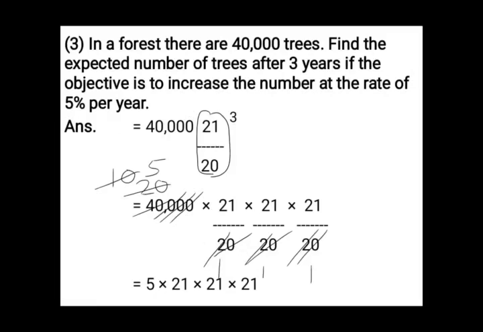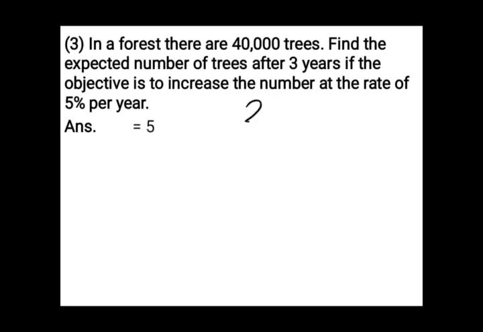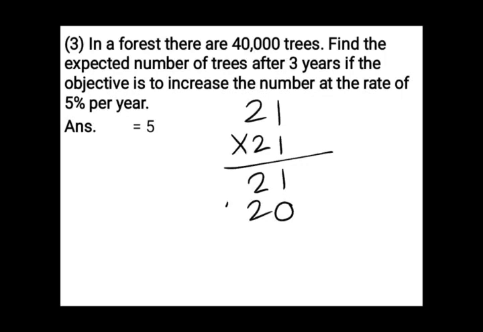Next step. 1 ones are 1, 1 twos are 2, 0, 2 ones are 2, 2 twos are 4. Square of 21 is 441. Now you have to multiply 441 into 21.